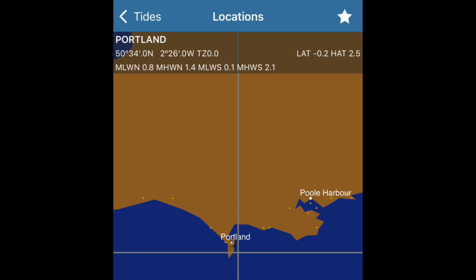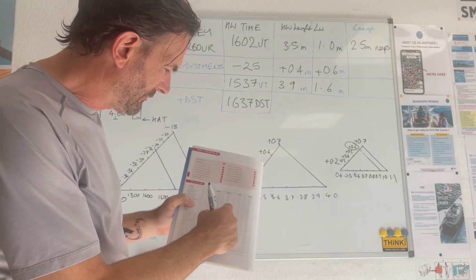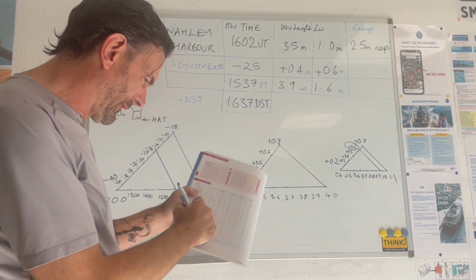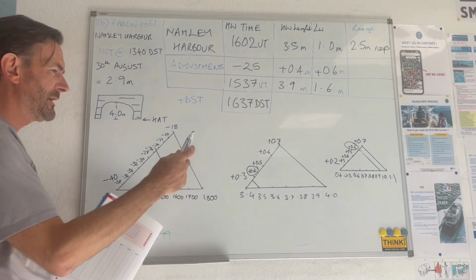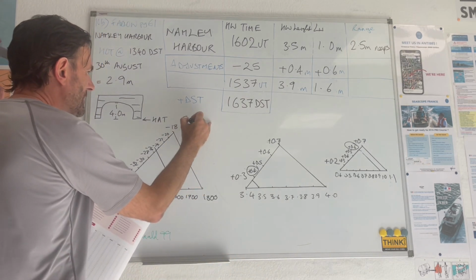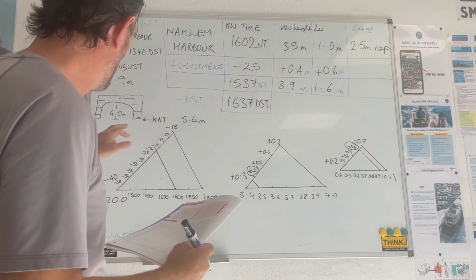And in the training almanac on page 12, we've got lots of data: HAT, mean high water springs, mean high water neaps, and so on. And for the Farlow River, highest astronomical tide is 5.4 meters. So if we were at 5.4 meters, we would have a 4 meter clearance.